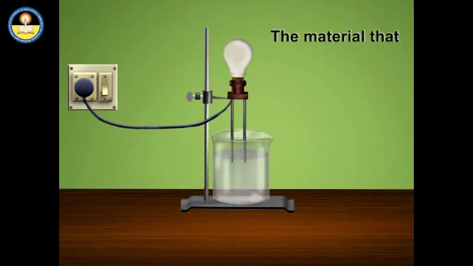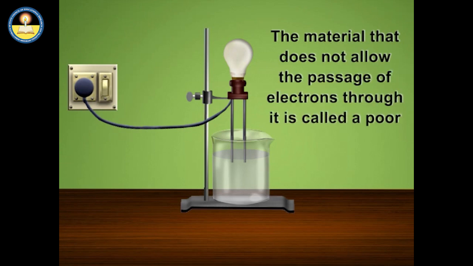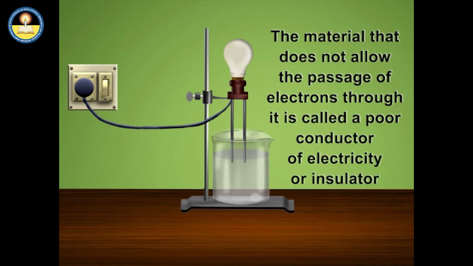The material that does not allow the passage of electrons through it is called a poor conductor of electricity or an insulator.